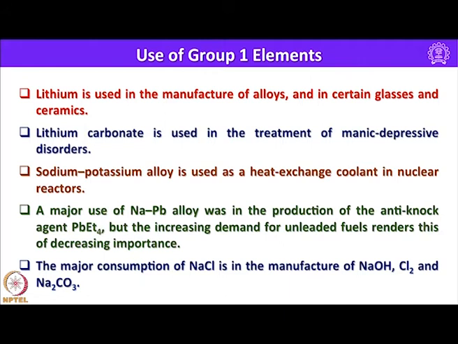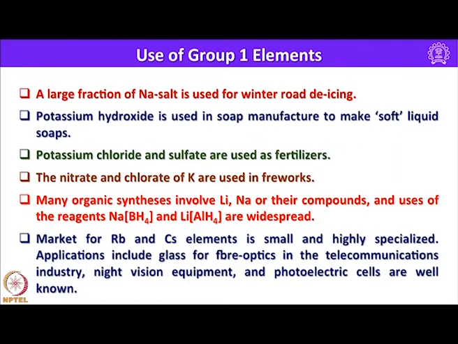The major consumption of sodium chloride is in the manufacture of sodium hydroxide, chlorine, and sodium carbonate. And a large fraction of sodium salt is used for winter road de-icing in cold countries. Potassium hydroxide is used in soap manufacturing to make soft liquid soaps. Potassium chloride and sulfate are used as fertilizers.